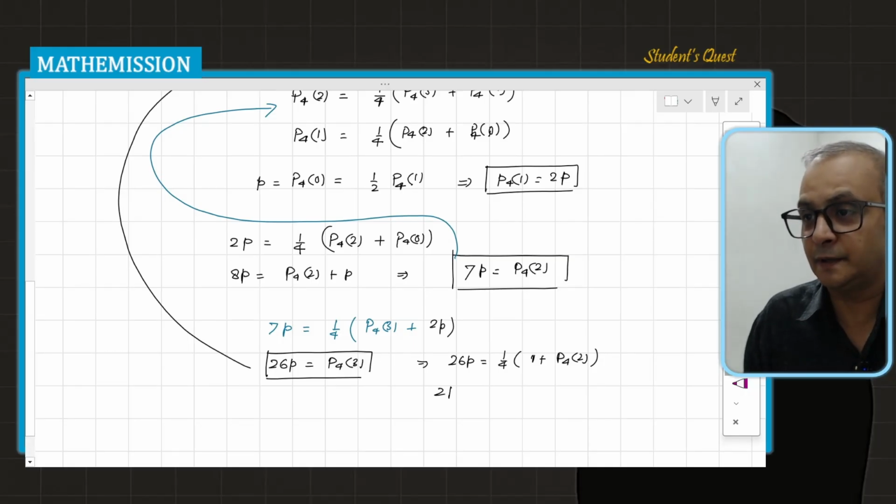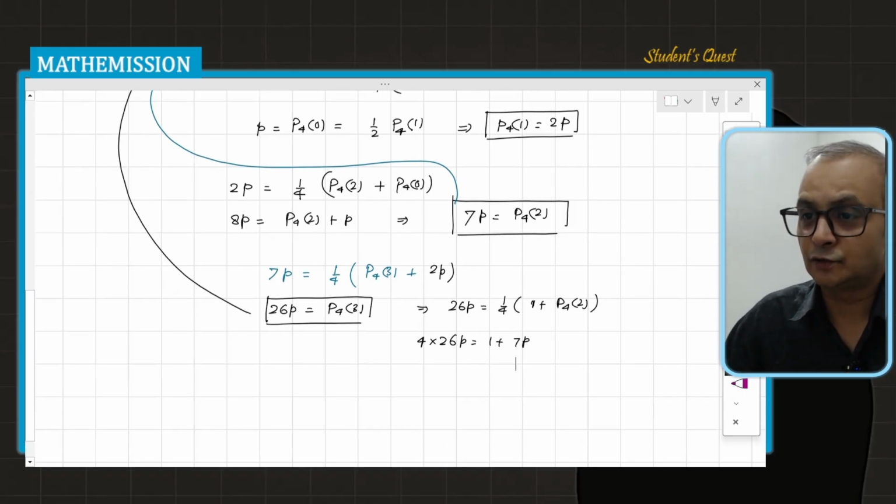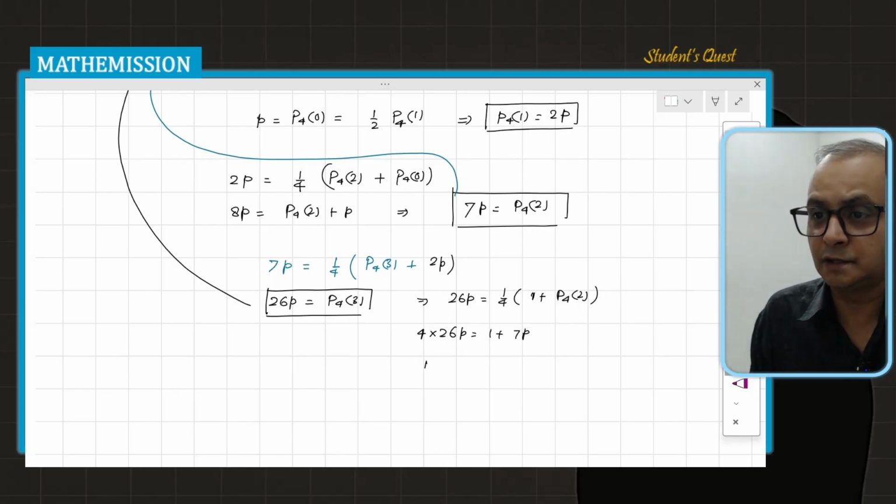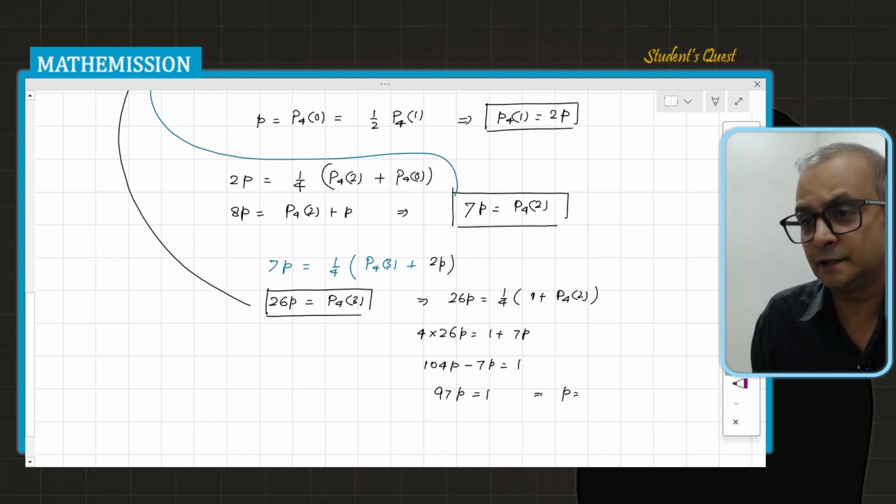So 26P is equal to, 26 into 4 I can write, and this is going to be 1 plus 7P. So 26 into 4 is going to be 104 minus 7P is equal to 1. So that is going to be 97P is equal to 1. Therefore we got P is equal to 1 by 97.